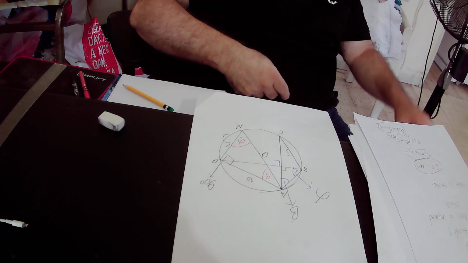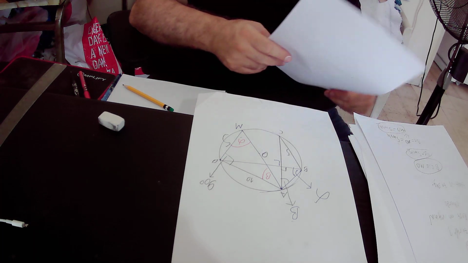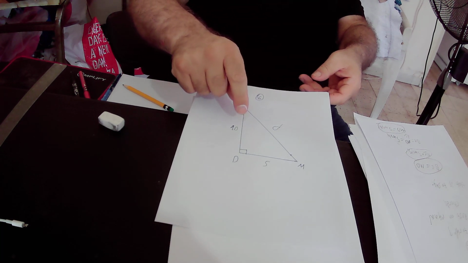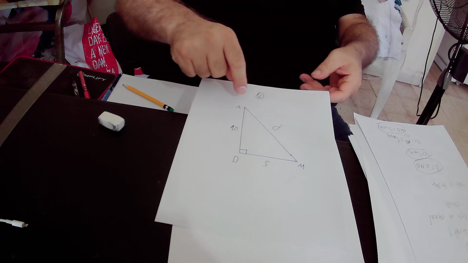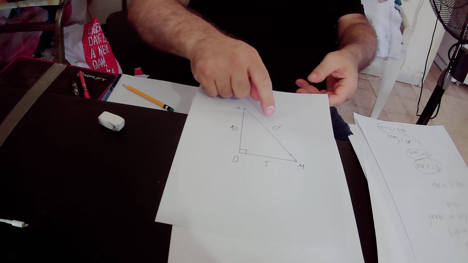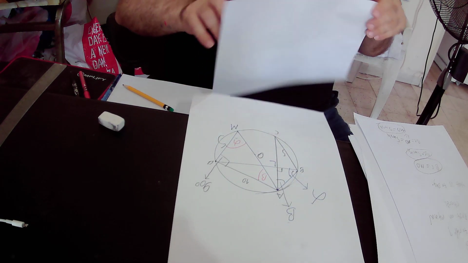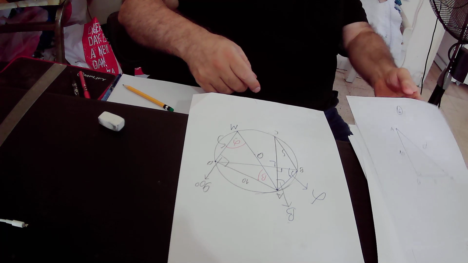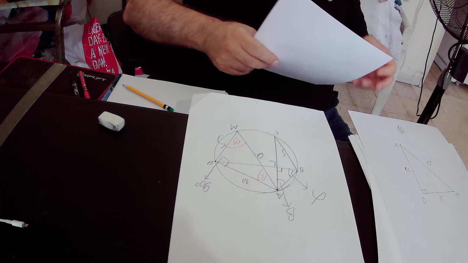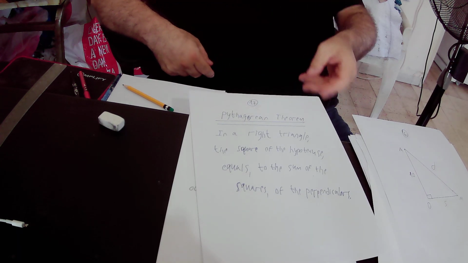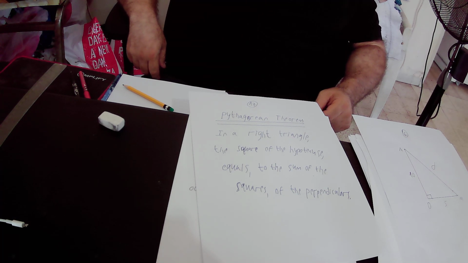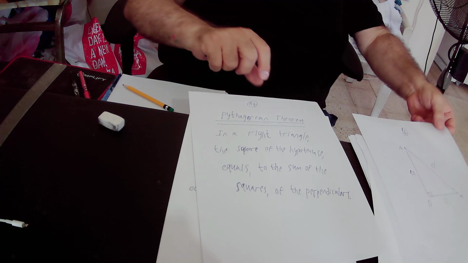Then I draw triangle AMD again. We have side AD that equals 10 units, side MD equals 5 units, and side AM is the diameter of the circle. I called it D, abbreviation for diameter. And we know that according to the Pythagorean theorem, in a right triangle, the square of the hypotenuse equals the sum of the squares of the perpendiculars.